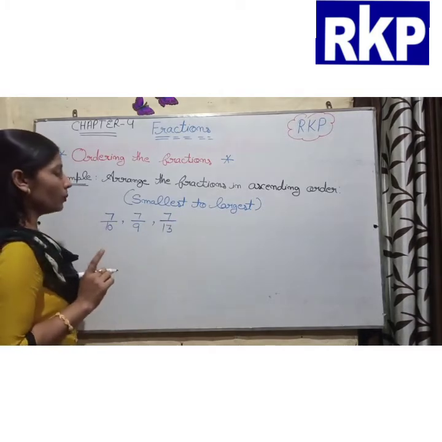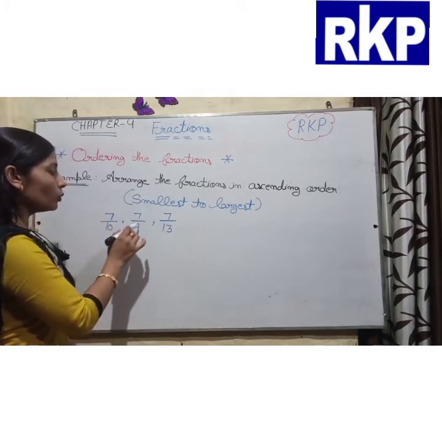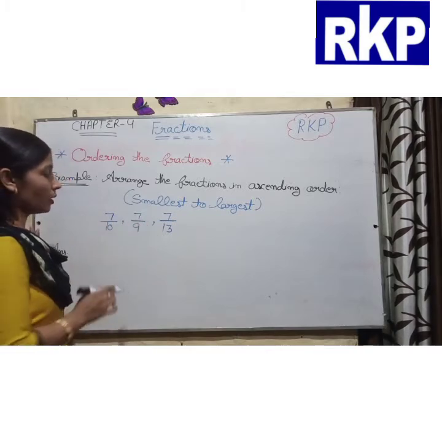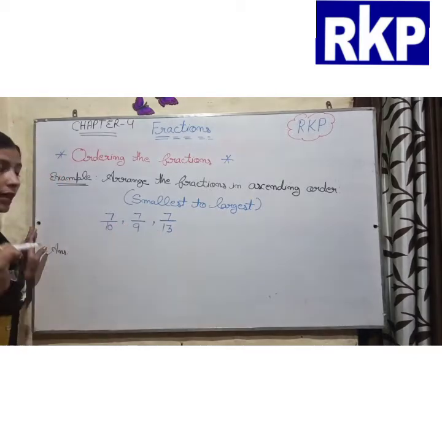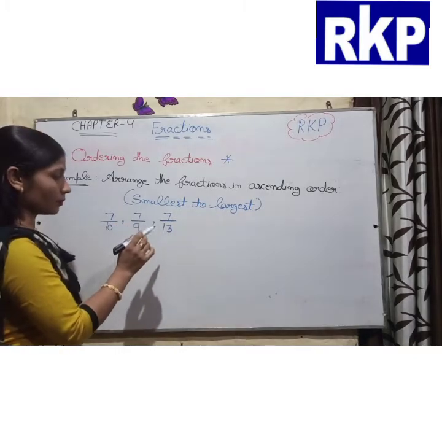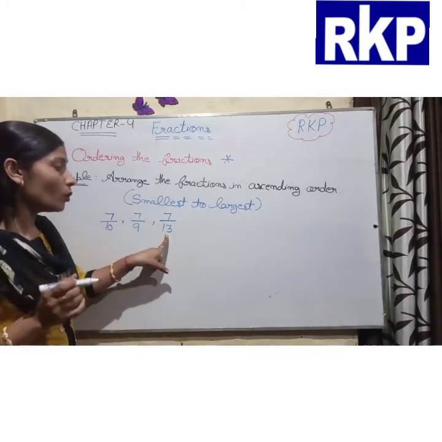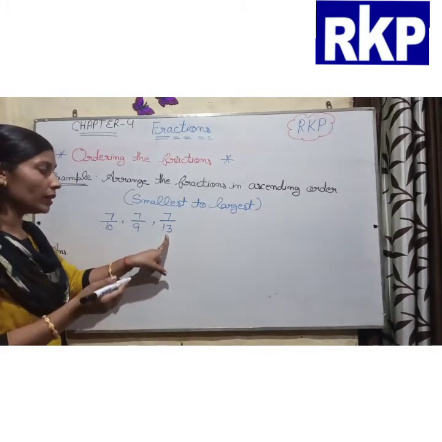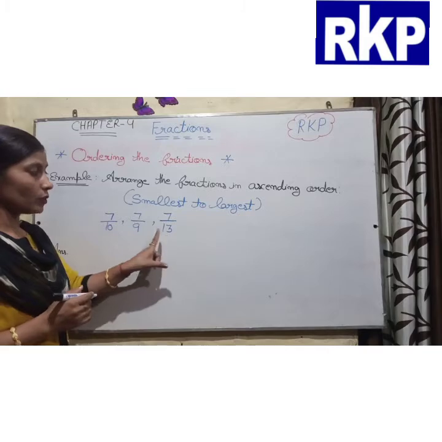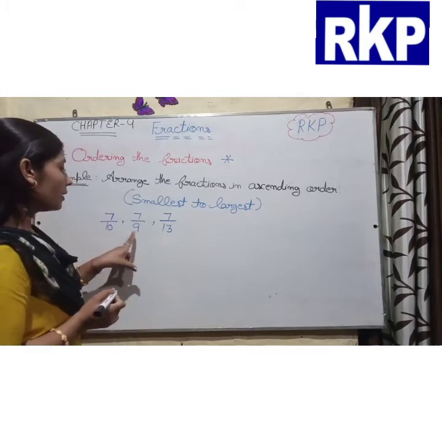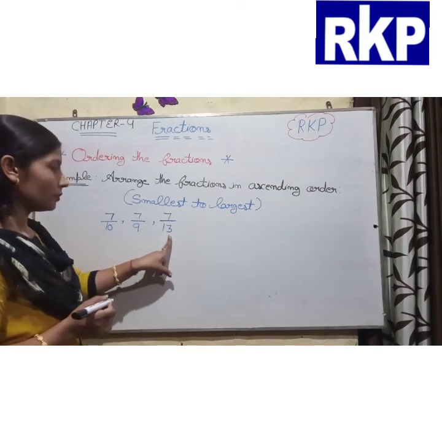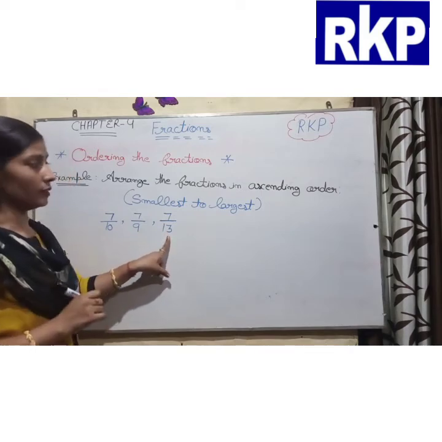We know that if in two or more fractions the numerators are same, then the fraction with greater denominator will be smaller. So here among 10, 9 and 13, 13 is greater.